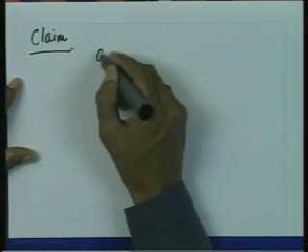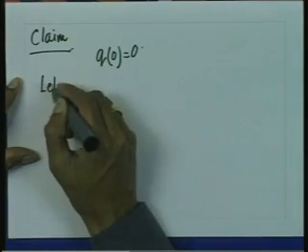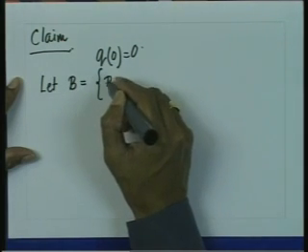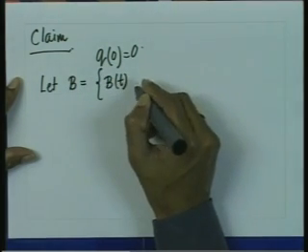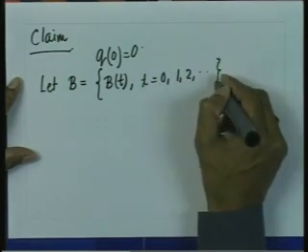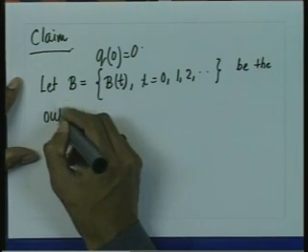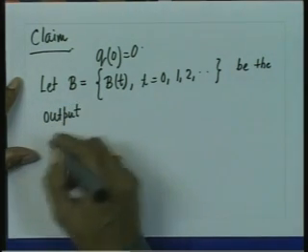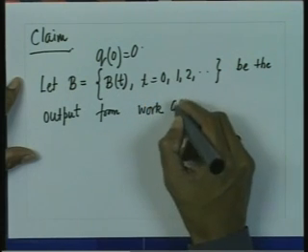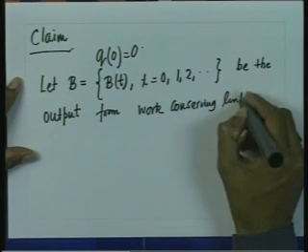Let's say that Q0 is 0, and let us say that Bt, for t equal to 0, 1, 2, and so on, denotes the output from this work conserving link.